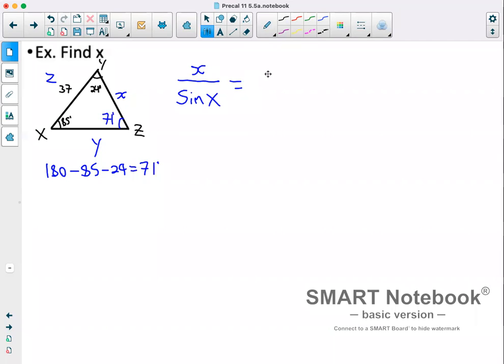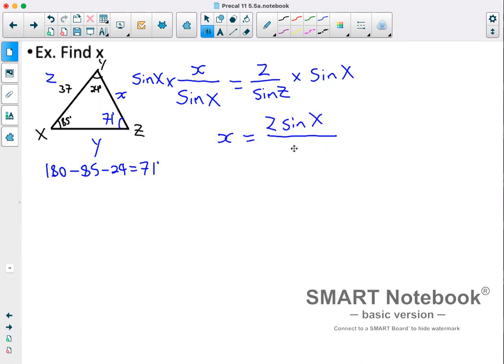So we have our values for Z. So we have Z over sine of Z. We'll multiply both sides by sine of X. So that gives us side length X is equal to side length Z sine of angle X divided by sine of angle Z. So we have X is equal to Z, which is 37, sine of 85 divided by sine of 71.